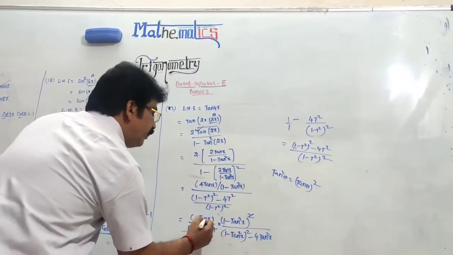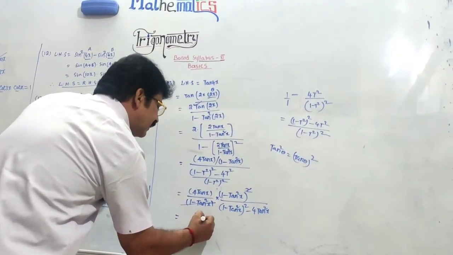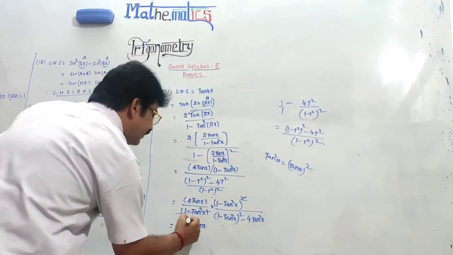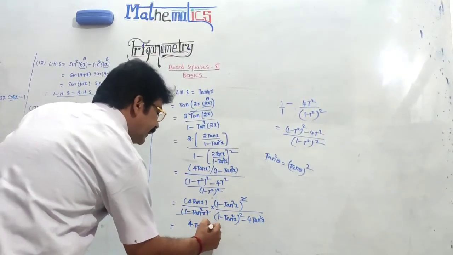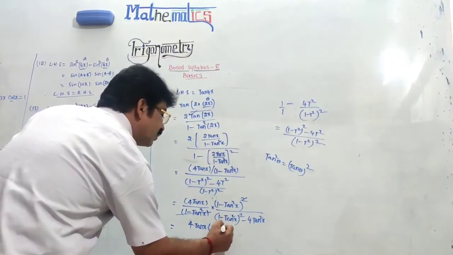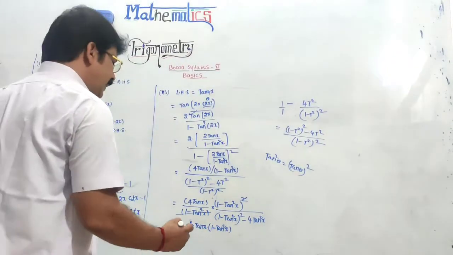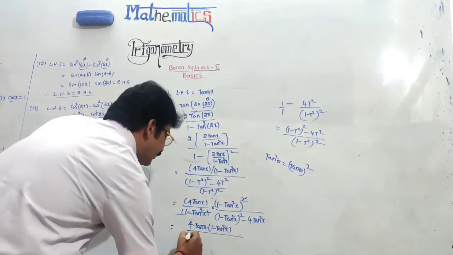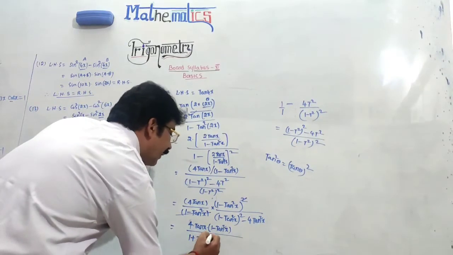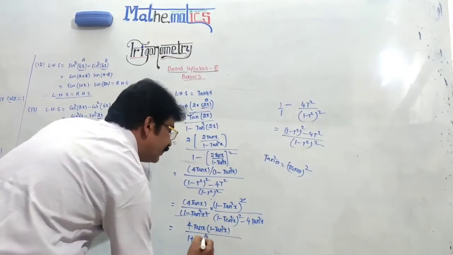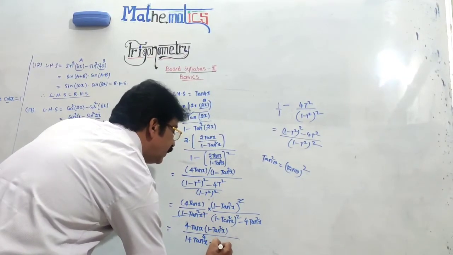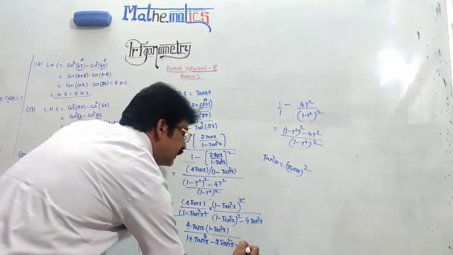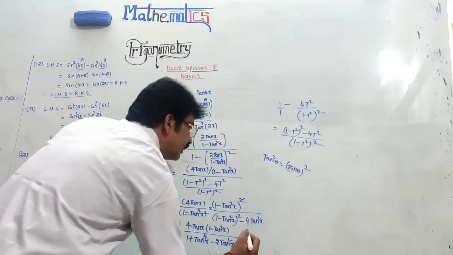So therefore, numerator 2 tan x, 2 into 2, 4 tan x into 1 minus tan square x, whole divided by, the a minus b whole square formula, a square plus b square, already square is there, it is 4 tan square x, minus 2ab, minus 4 tan square x.